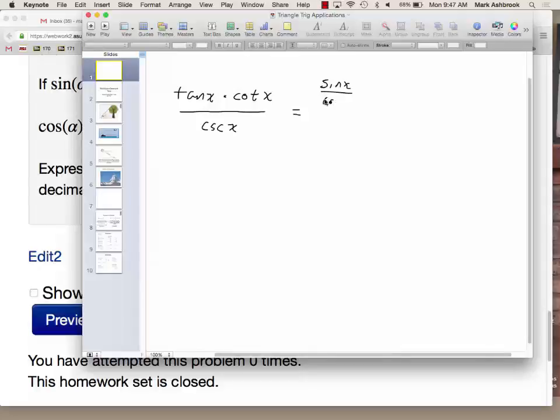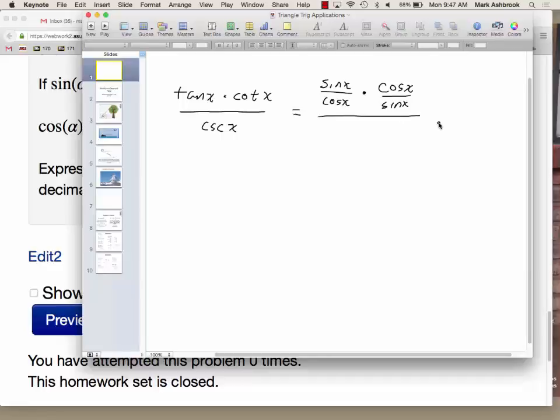Sine over cosine. And we saw that cotangent is the reciprocal of tangent. It's 1 over tangent. This is a new one we just talked about. So if it's 1 over tangent, then what is it in terms of sine and cosine? Yeah, it's going to be the reciprocal, cosine over sine.